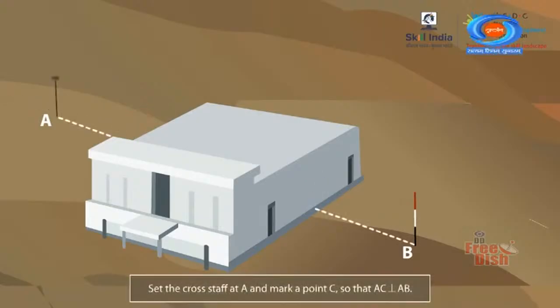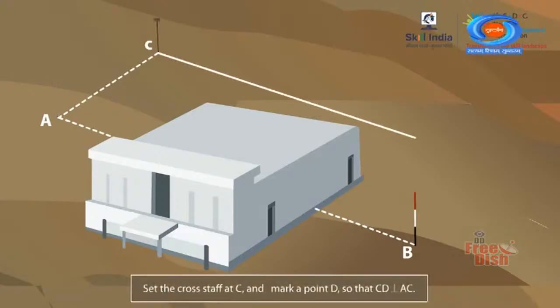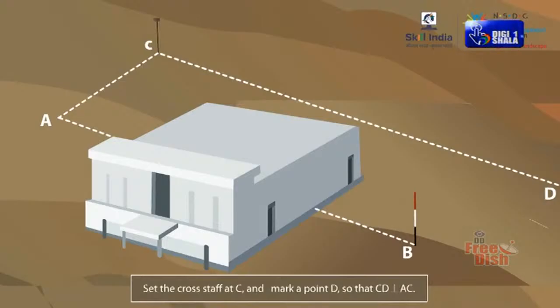So, you can set the cross staff at A and mark a point C so that line AC is perpendicular to line AB. After that, set the cross staff at C and mark a point D so that line CD is perpendicular to line AC.